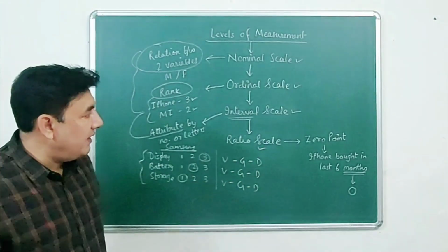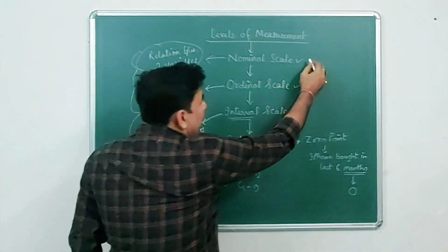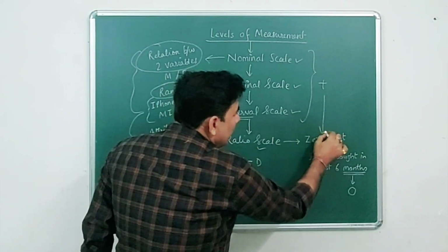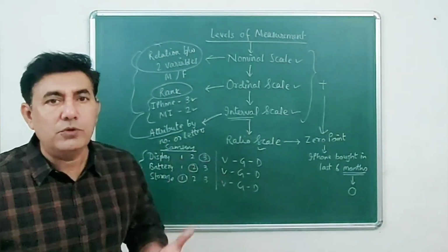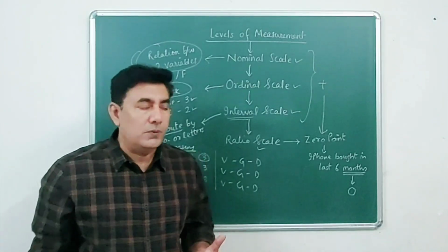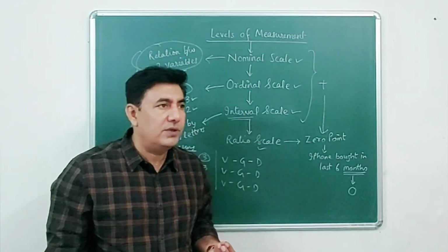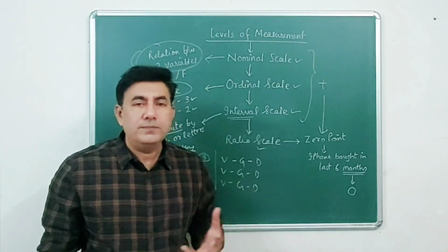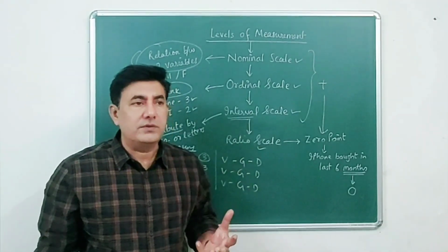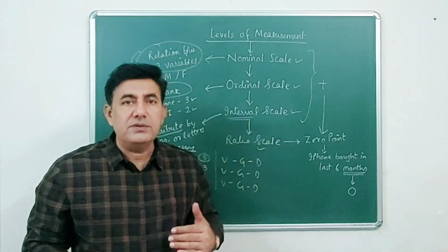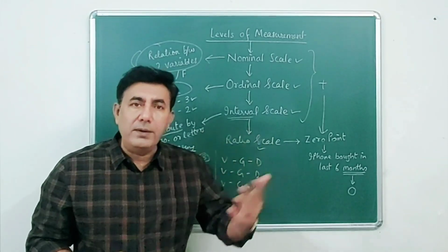And in ratio scale, again, we will add all these three with 0 point. Now what is this 0 point or absolute zero? Suppose a simple question is asked to the customer about the number of phones that are being sold or bought during the last 6 months or 4 months or 1 month.